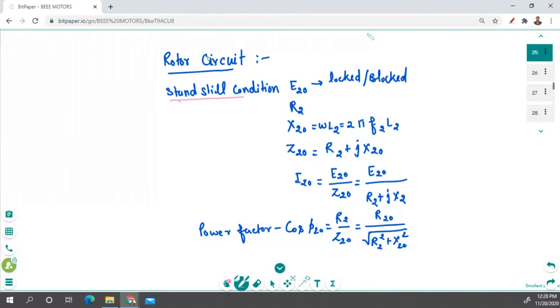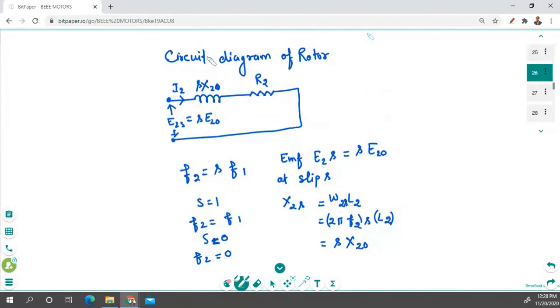Let's understand this rotor circuit. On the rotor side there are some windings and some resistance from the materials.